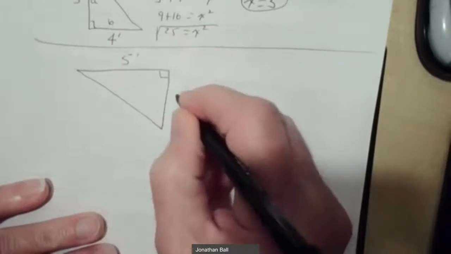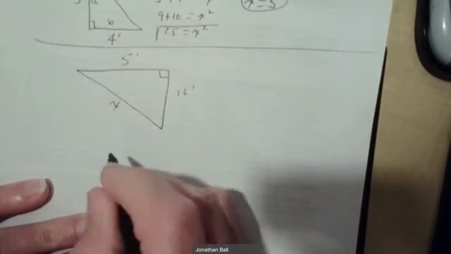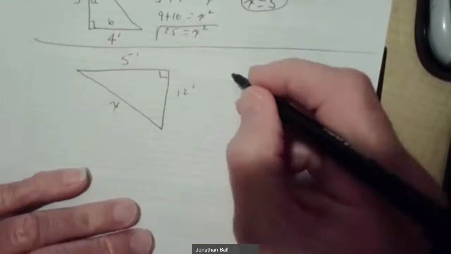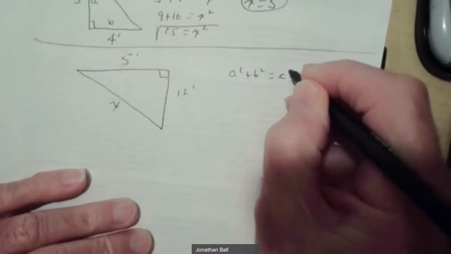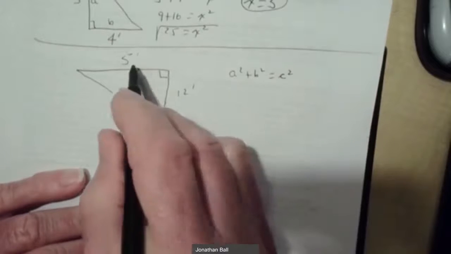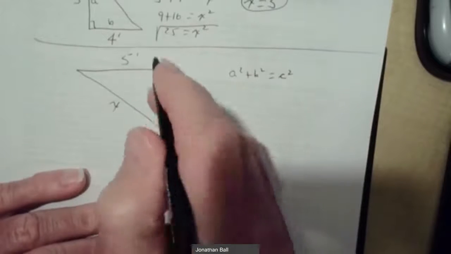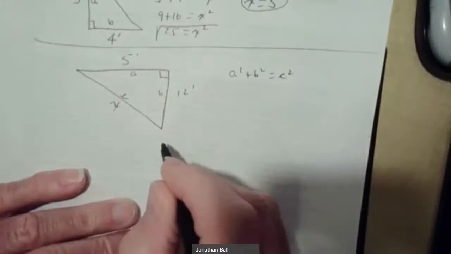This is 5 feet, this is 12 feet, and the hypotenuse is x feet. Again, a squared plus b squared equals c squared. Our a is 5 or 12. It doesn't make any difference. These two are interchangeable, a and b. This one has to be c.